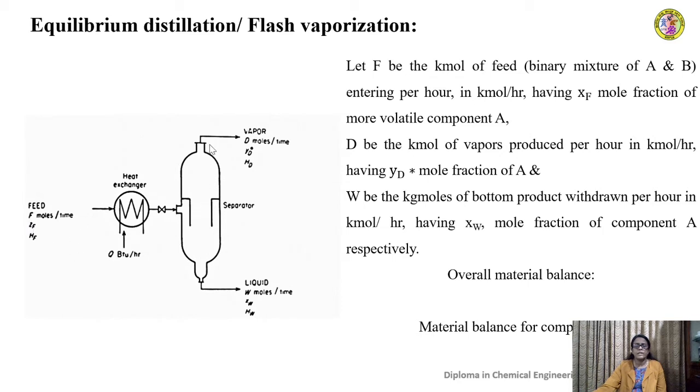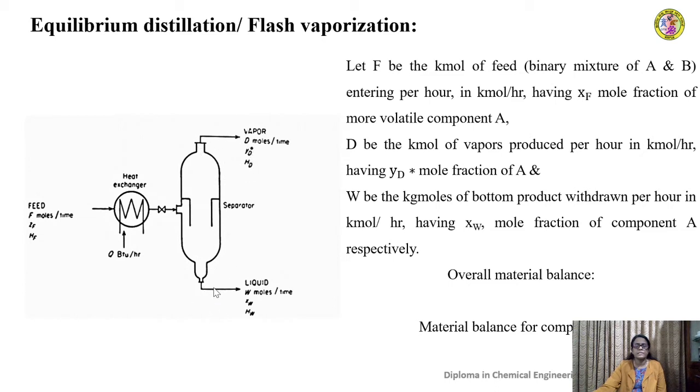Also let D moles of liquid be obtained by condensing the vapor from the top of the separator. This will have a YD star mole fraction of more volatile component in the vapor. So assume the composition of the top or overhead product to be YD star.